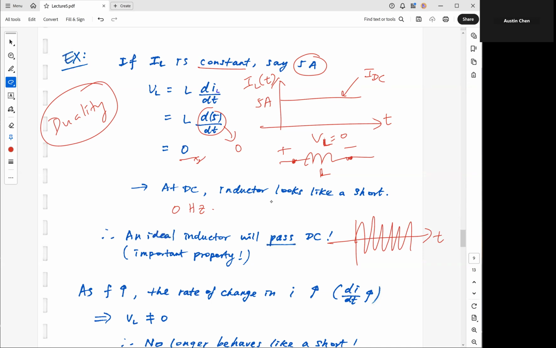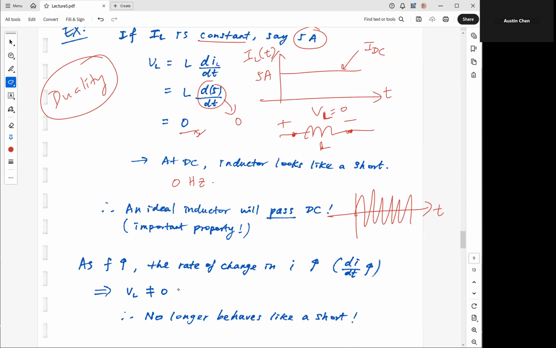Anything other than DC is not going to give you a short. It no longer behaves like a short just because VL in that case is not equal to 0. So if VL is not equal to 0, then you can no longer say you have a short.